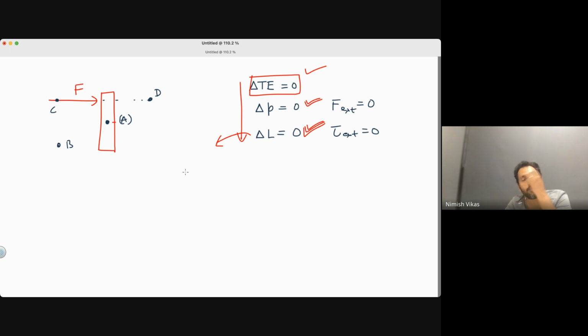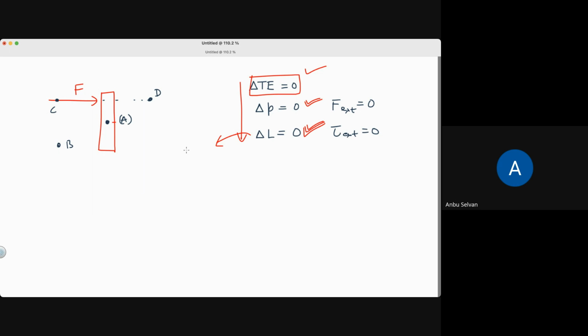Tell me. Be free, you can answer wrong. Sir, you can conserve at C and D, but you can't at A and B because there's a torque.